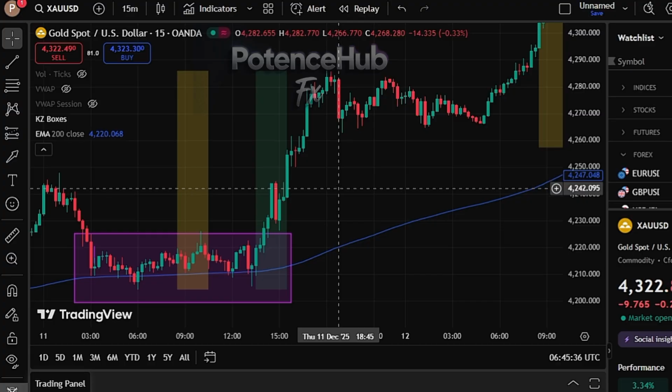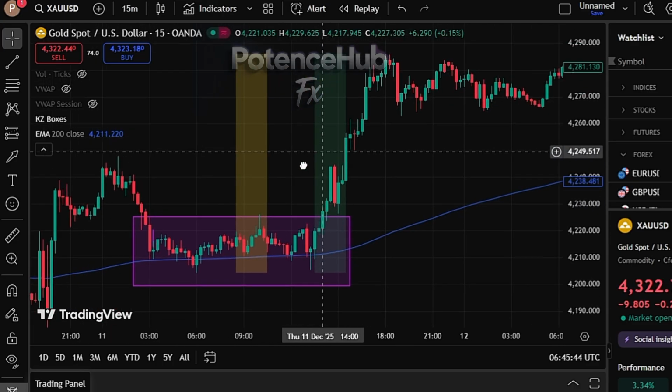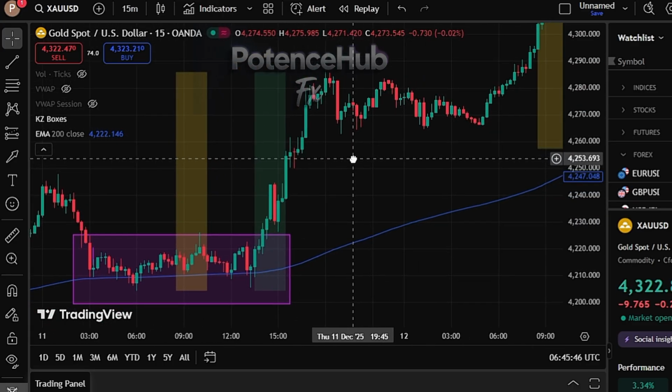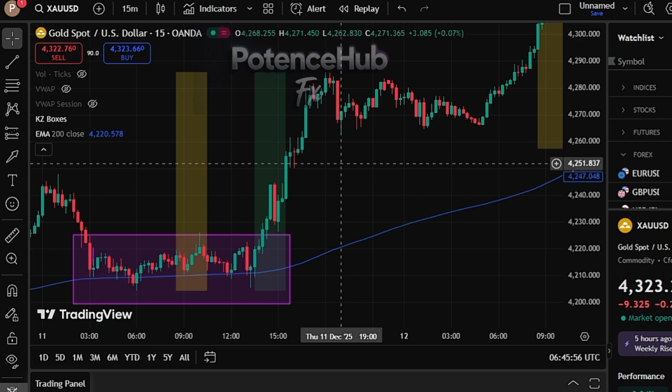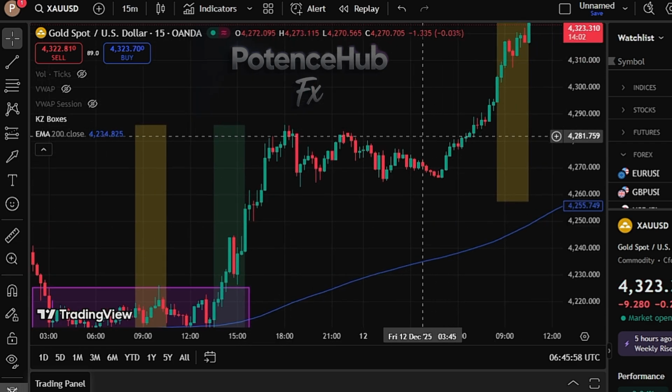Another thing I keep telling traders is that you have to be disciplined in your trade, because a lot of traders lose because of their indiscipline. In this market, you don't force the market. Price action doesn't care if you don't have any money. It doesn't care if you are playing with your emotions.